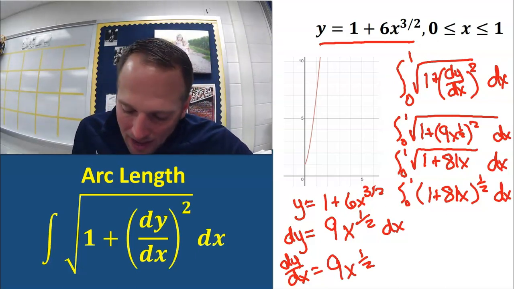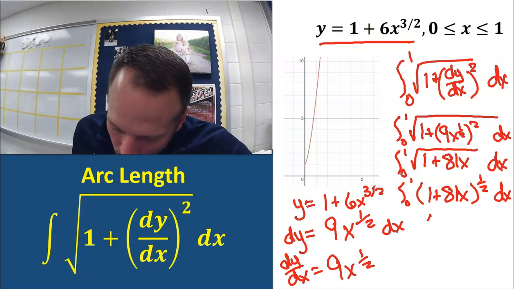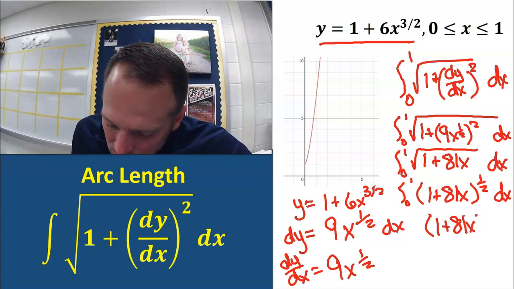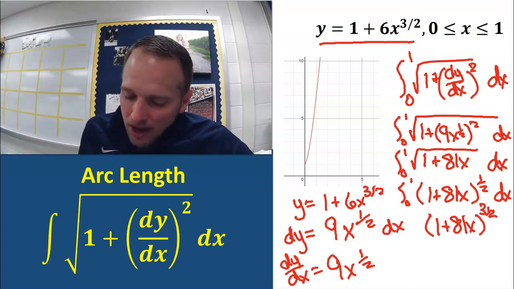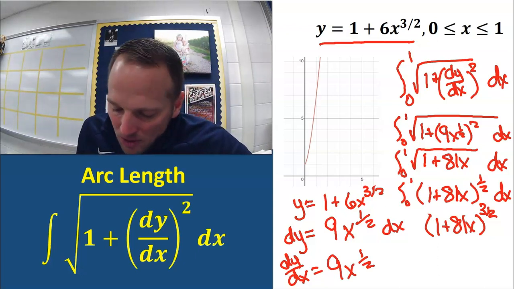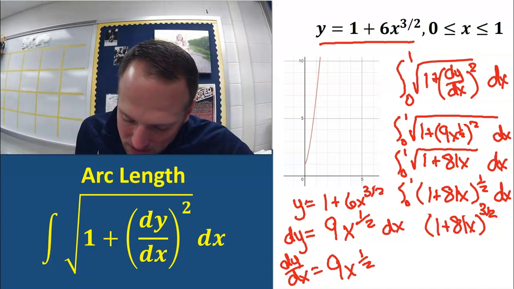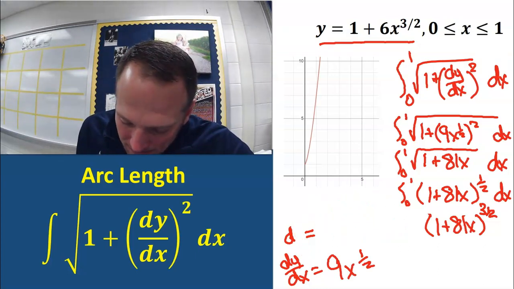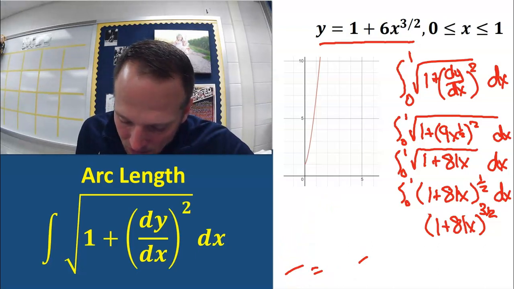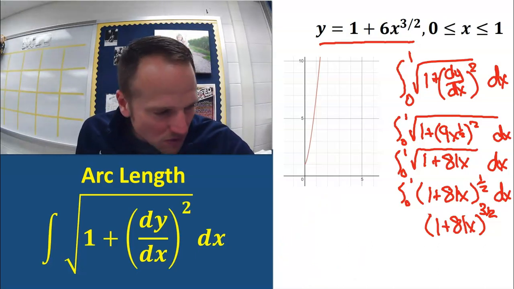So if we go up 1 on the exponent, this is going to be 1 plus 81x to the 3/2 power. I'm going to erase this over here if that's all right, so that I have room to do this.